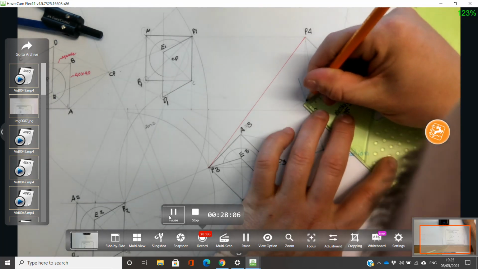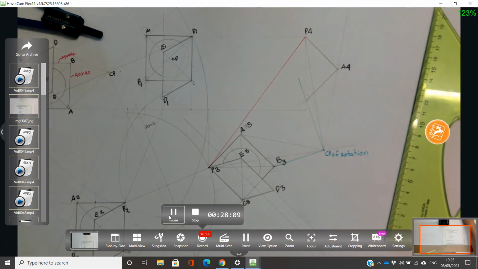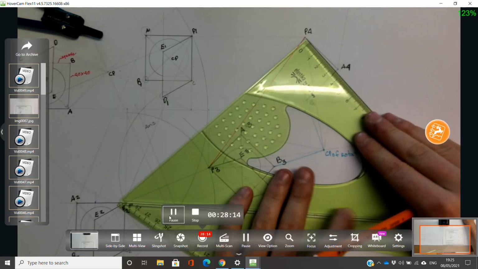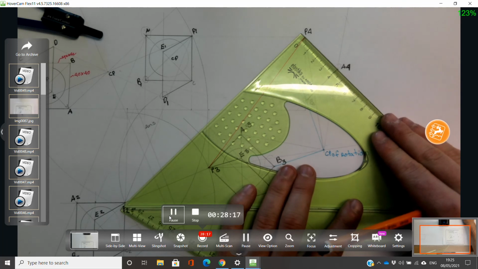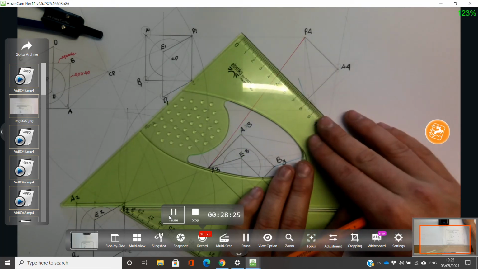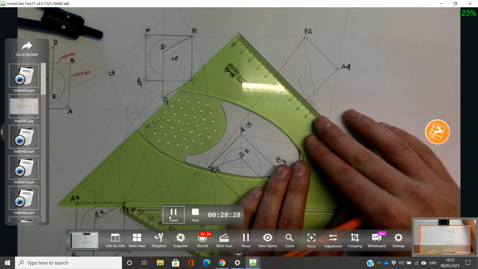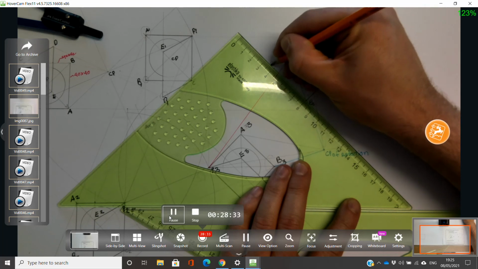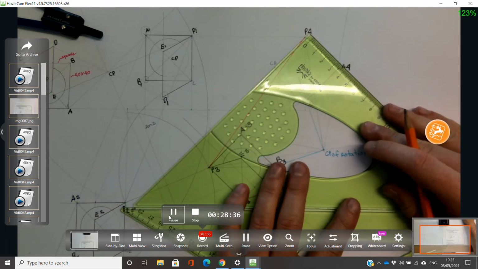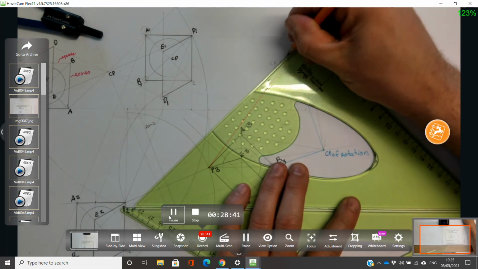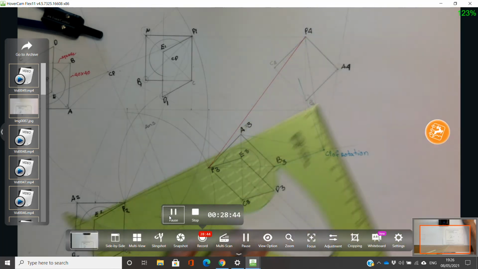So there we go. There's B4. Now we can speed up then. We know C is going back this direction. So there's going to be C4. It's at a right angle. We can join back to P4. There's C4.